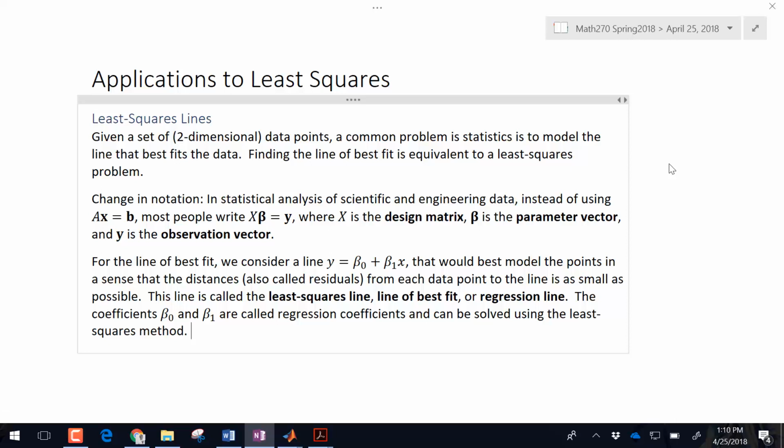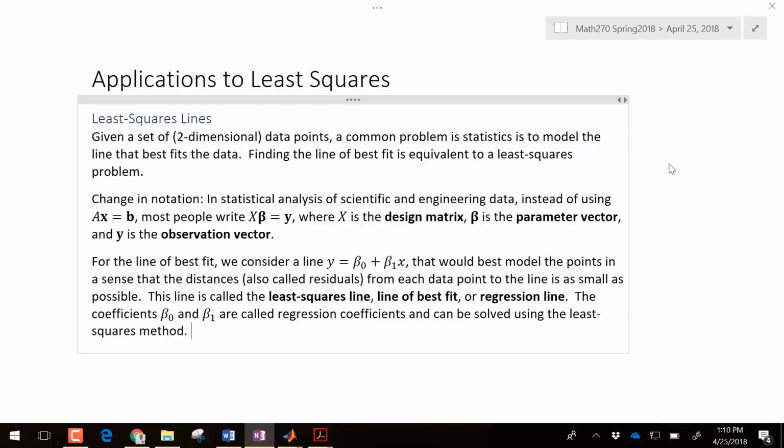So our first case that we're going to take a look at, the simple case, is the line of best fit. You have a bunch of points, and you want to express the line that best fits the set of data. And the line, as we know it, is y equals mx plus b. Instead of using mx plus b, though, we'll use beta sub 0 and beta sub 1. You might have seen that notation used in statistics.